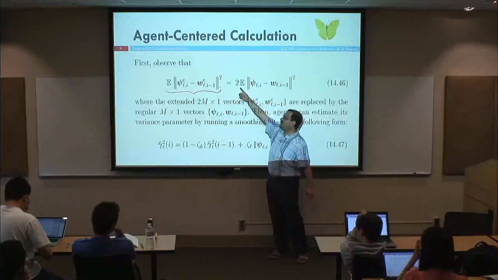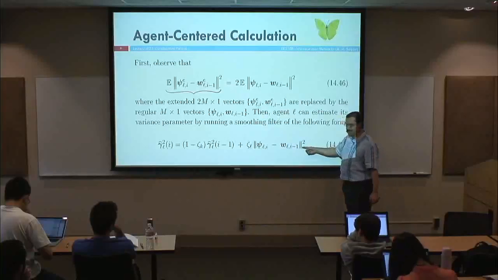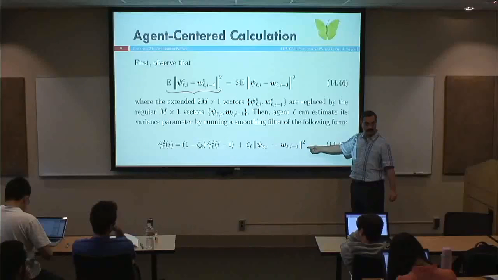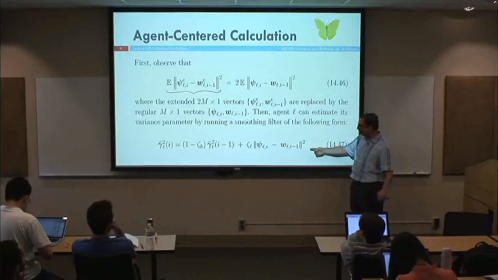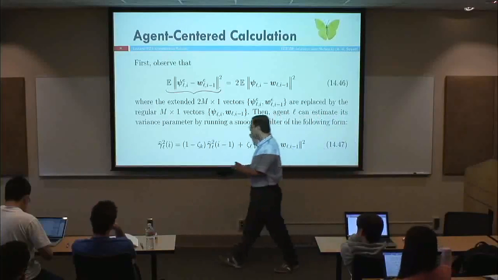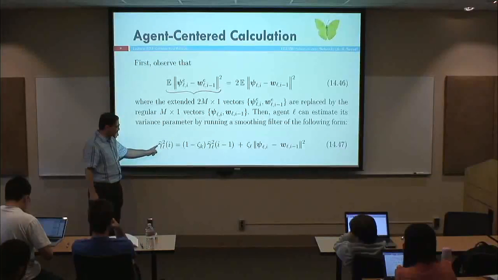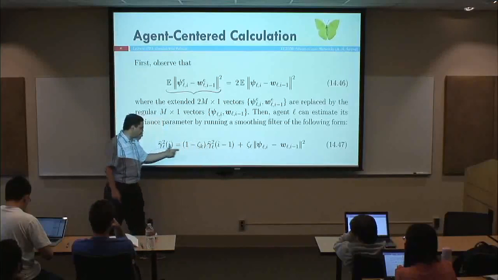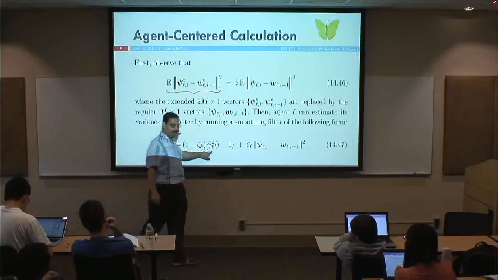Estimating that is like estimating 2 times that, doesn't matter, right? So you just run this recursion, this is a smoothing filter, right? You understand what I'm saying, right? Because you see, if you take the expected value of both sides in a steady state, expected value of this, you know, this term here, you group them together, you will get zeta times the expected value of this. By the way, there is a typo here, right?